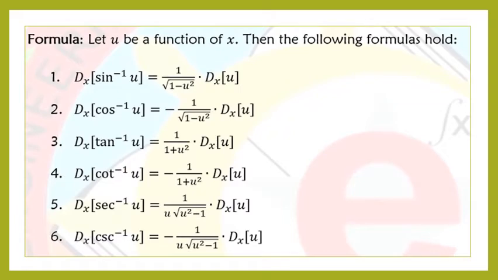So here is the formula. This formula, class, is the same as the theorem we mentioned earlier in the previous slide. Let u be a function of x, then the following formula holds.